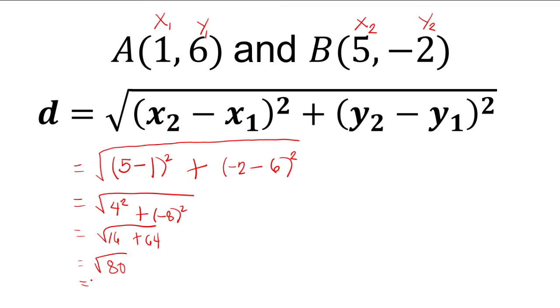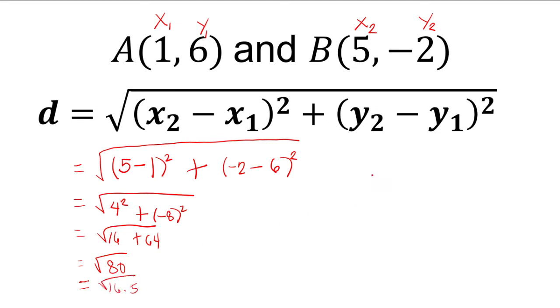So, if we will simplify 80, think of the factors of 80 in which one is a perfect square. And that is 16 and 5. Tama? So, dito na lang siya. So, this is square root of 16 times 5.